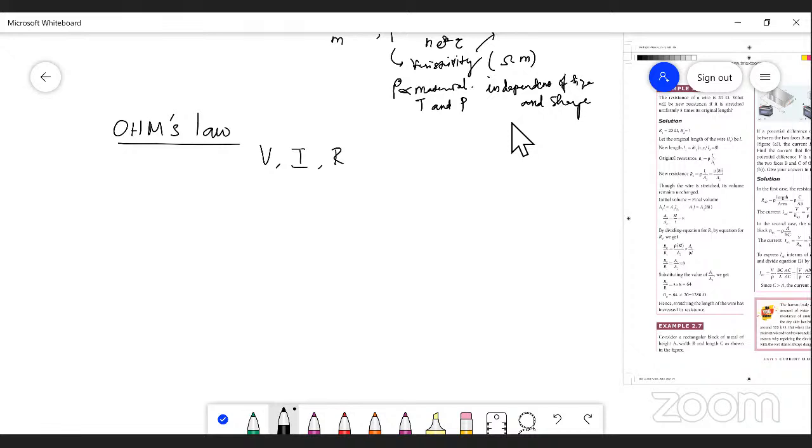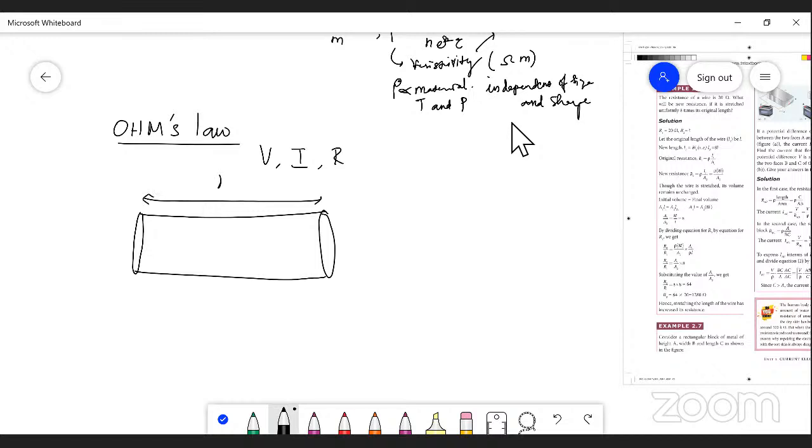The idea is very simple. Let us consider the same diagram. A conductor of length L is taken. Its area of cross section is A. The ends of the conductor are connected to a source of potential difference, let us say V, so that the electric field acts along this direction.